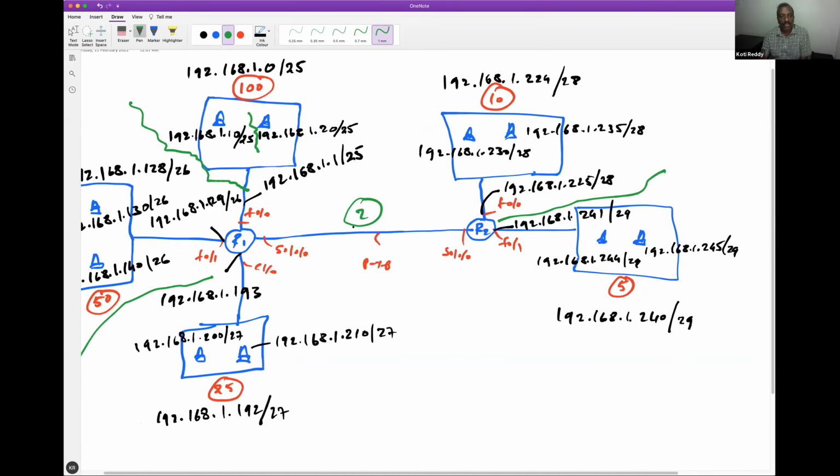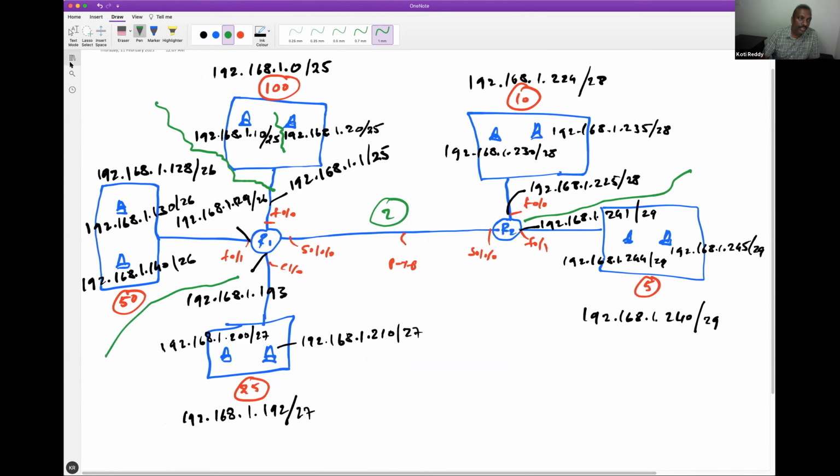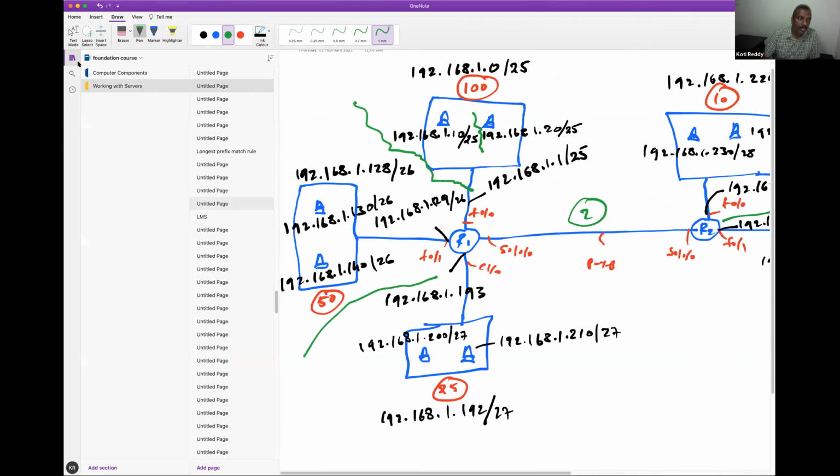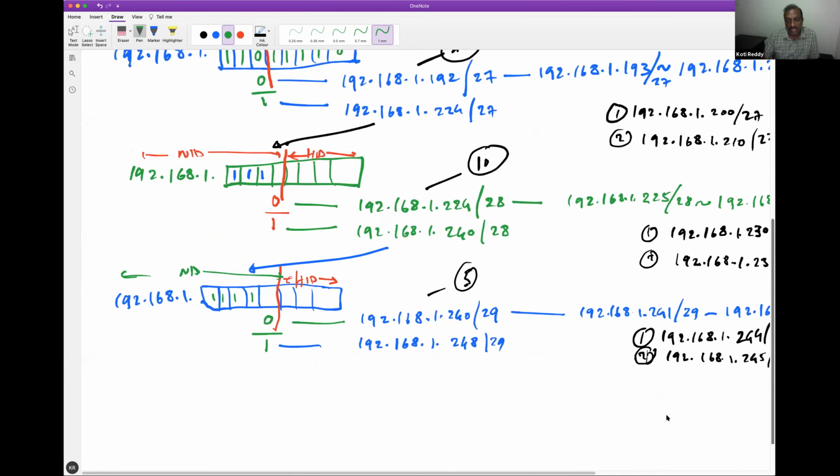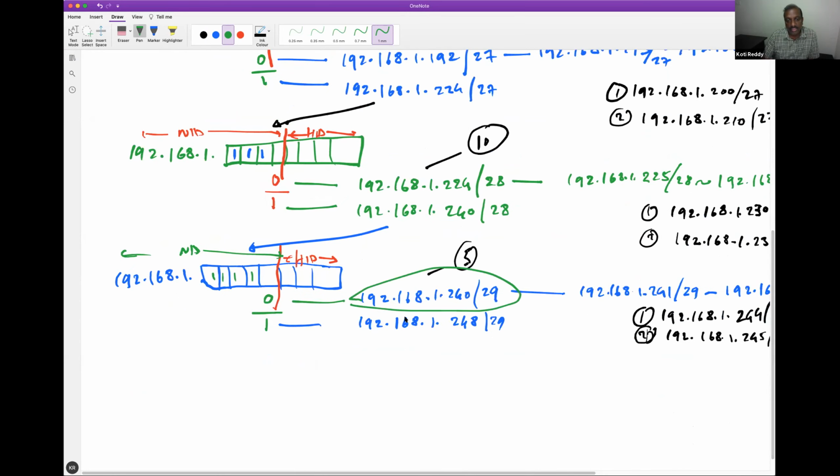So I need again 2 hosts now. If I need to accommodate 2 hosts for the point-to-point network, what should I do now? I take the next network here, which is again mutually exclusive. These two are mutually exclusive to each other. So I choose a second network ID, this one. In that I try to create hosts. 192.168.1.